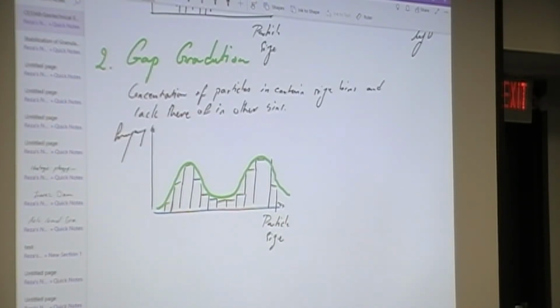So what kind of distribution am I dealing with here? It's a bimodal distribution here.